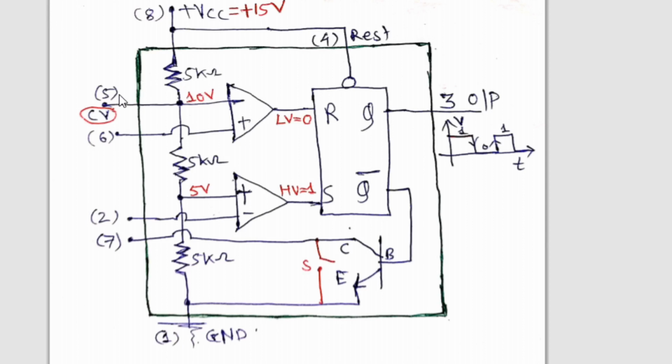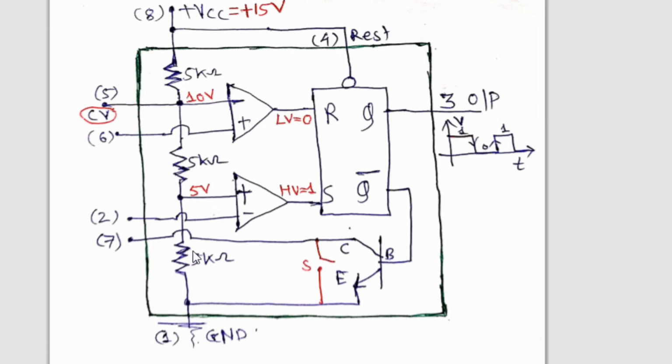Here you can see this is a 5 kilo ohm resistor, and this is a 5 kilo ohm resistor. Draw the resistors such that this is R1, this is R2, this is R3. There will be a gap between them, because in this gap we have to draw a comparator.